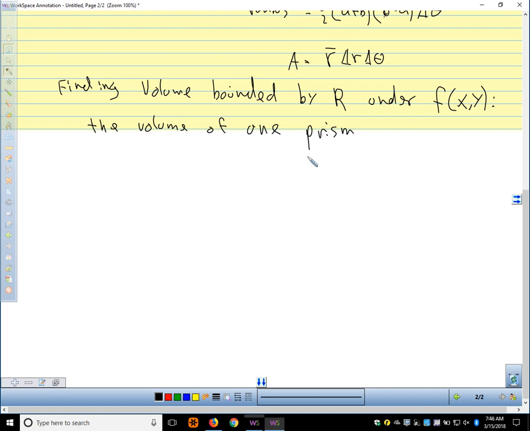The volume of one prism, I'm going to say V sub i, is f of x sub i, y sub i, where x sub i, y sub i is the point in the middle of that polar rectangle, times delta A sub i. And in this case, our delta A sub i is given by the average radius of that particular piece, times delta r sub i, delta theta sub i.